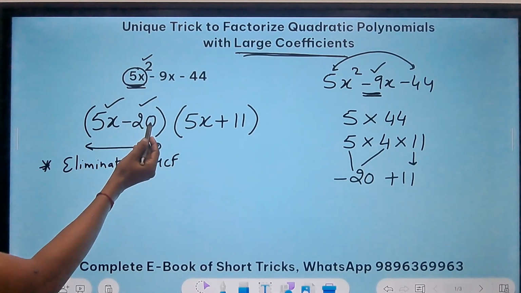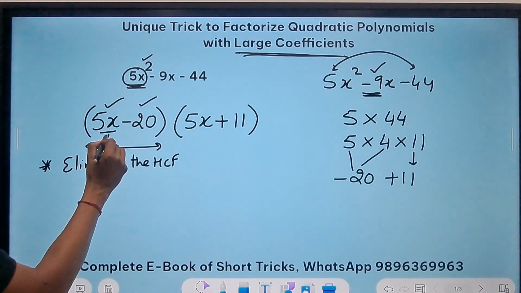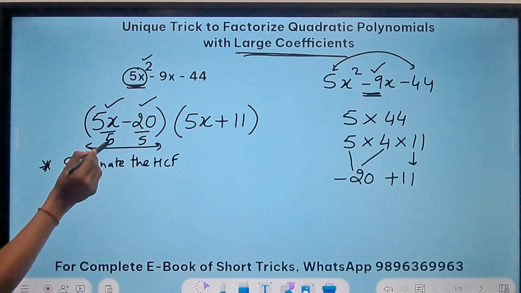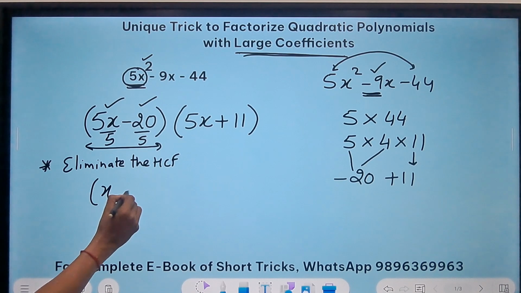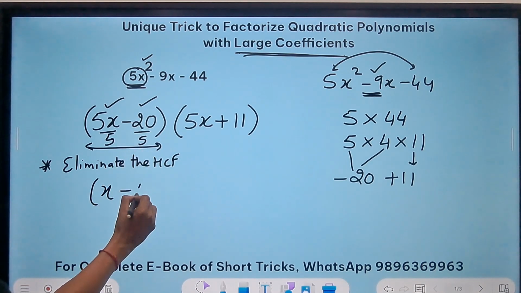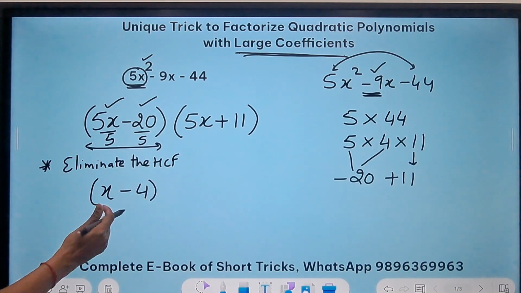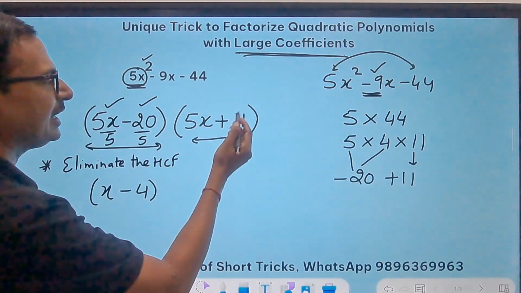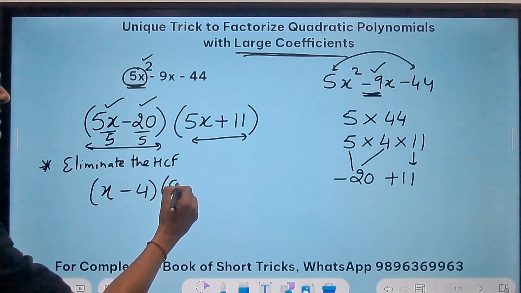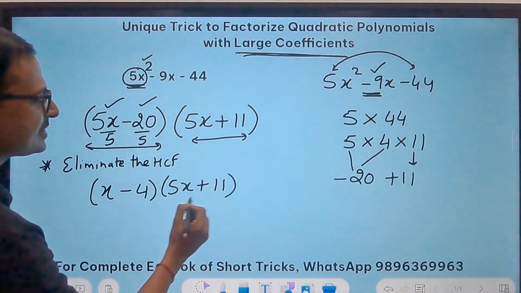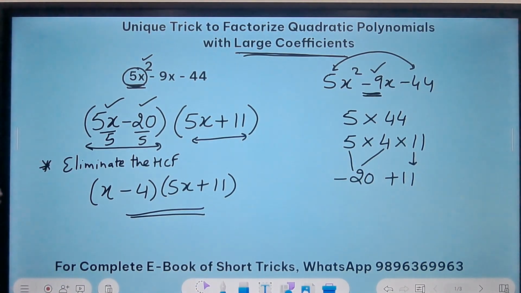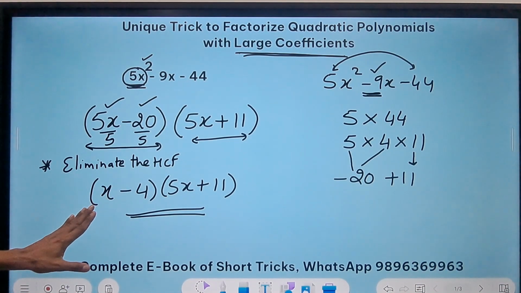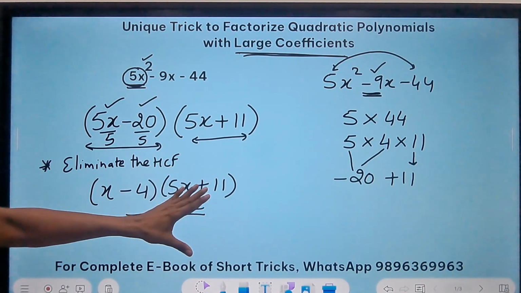So 5x and 20, if I divide both of them by 5, because 5 is the highest common factor, this 5 will get cancelled, so I will have an x here minus 20 upon 5, which is 4. Now you see there is no other common factor in the bracket, and in 5x plus 11, I don't think there is any common factor here. So 5x plus 11 will be retained as it is, thereby giving us the factorization of 5x squared minus 9x minus 40 as (x minus 4)(5x plus 11).